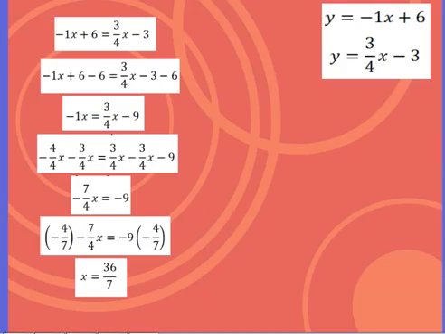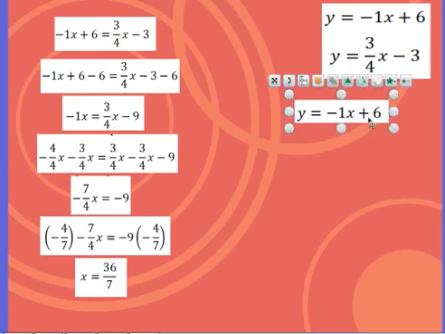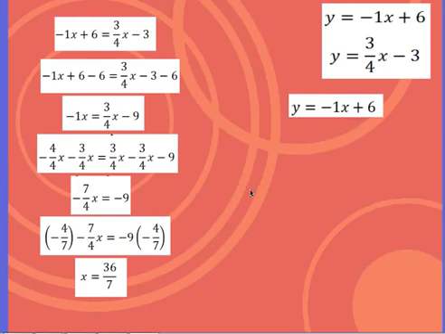In order to find my y value, I'm going to have to plug my x value in. I would prefer not to plug it into the 3/4 equation just because fractions times fractions, right? Let's stick with the negative 1x plus 6. So I'm going to take my 36 over 7 and plug it in place of the x like this.